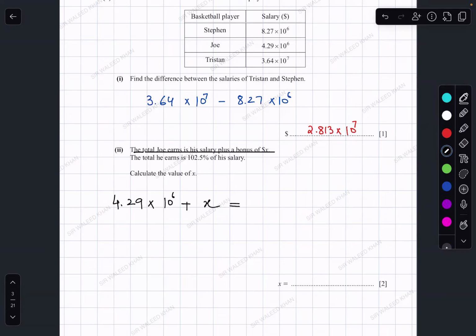This should be equal to the total he earns, which is 102.5% of his salary.